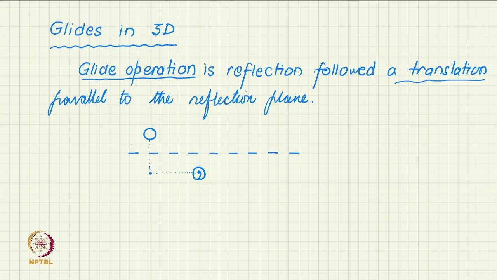And so, this mapping from, if I call it object 1, mapping from object 1 to 2, which involves both this reflection and this glide translation.